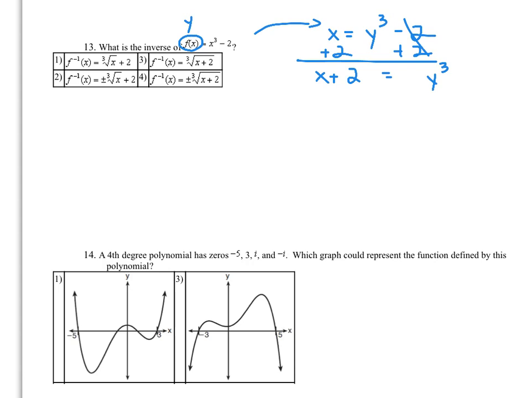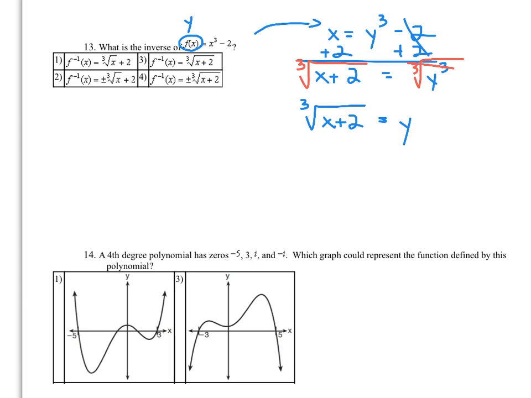All right, now, from here, I want to try to get the y by itself, right? But right now, it's attached to a cube. Similar to when it's attached to a square, we would square root, right? So when it's attached to a cube, we're going to cube root, because those will cancel each other out. Obviously, if I cube root one side, I cube root the other side. And then we end up with the cube root of x plus 2 equals y.